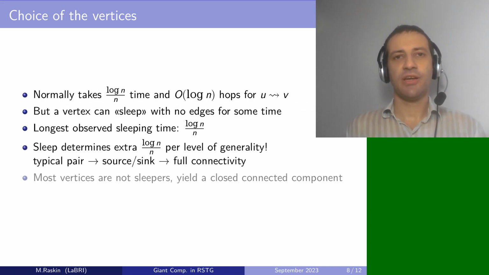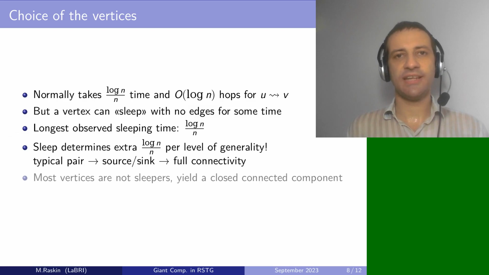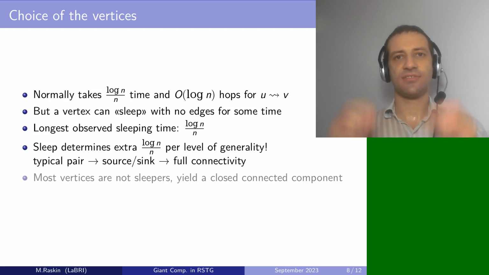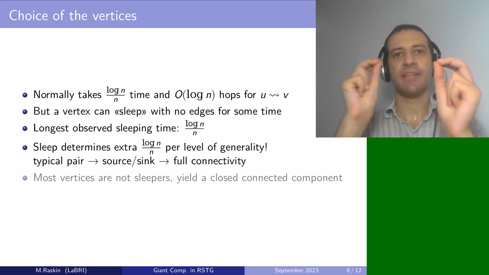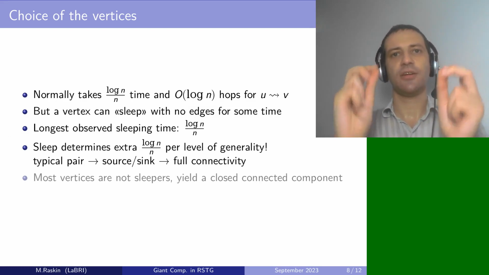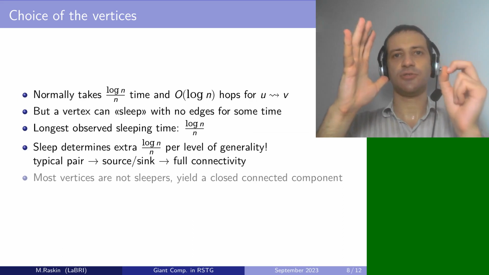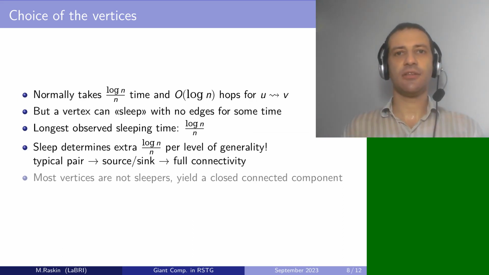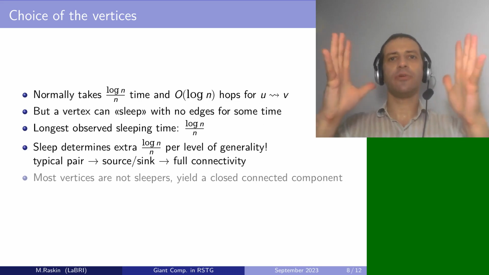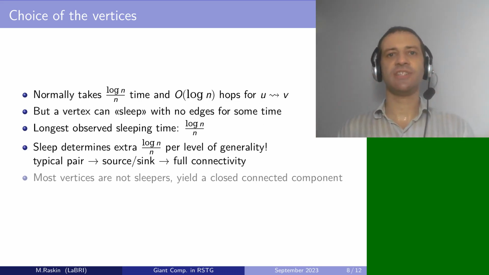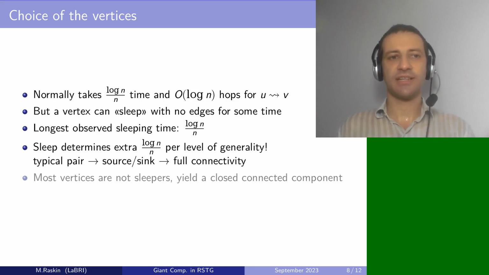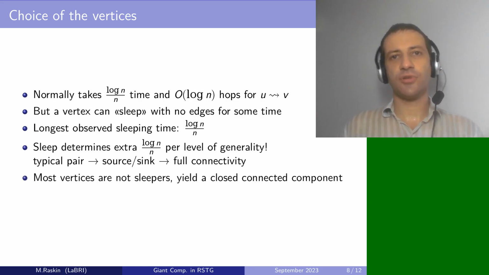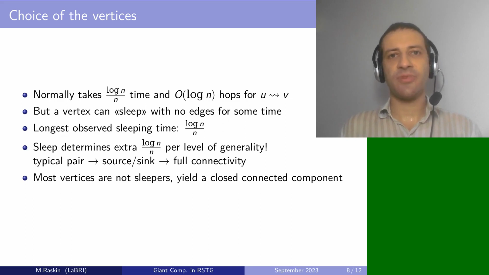This sleep defines the extra log n over n for each level of generality of connectivity. So for a typical pair, you have log n over n time for one to reach another. For a vertex to become a source, to reach all the vertices, you need an extra log n over n. And so that all vertices become sources, you need yet another log n over n. But this matters only if you want full generality. If you just care about a supermajority of the vertices, most vertices do not sleep and they form a connected component, and even a closed connected component.